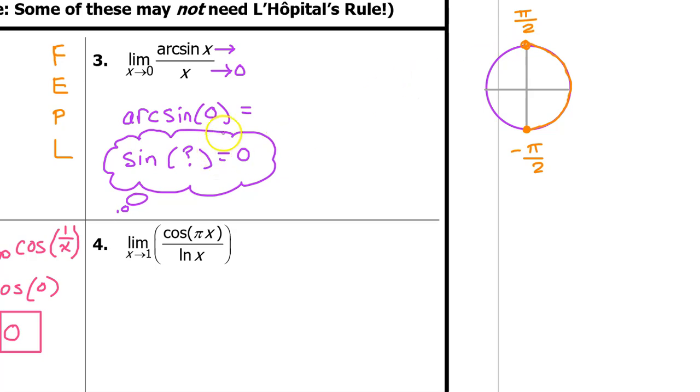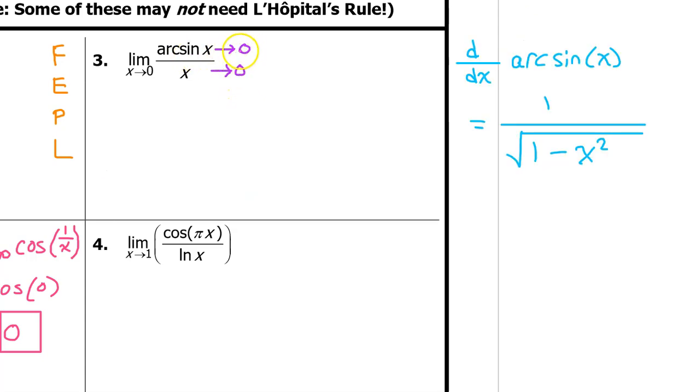Keeping that in mind, you evaluate the arcsine of 0 by asking yourself the sine of what angle is equal to 0. Well, the sine of 0 is equal to 0, so that's the value of arcsine, which is what the numerator is approaching.